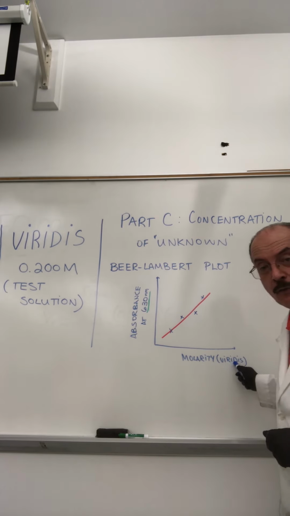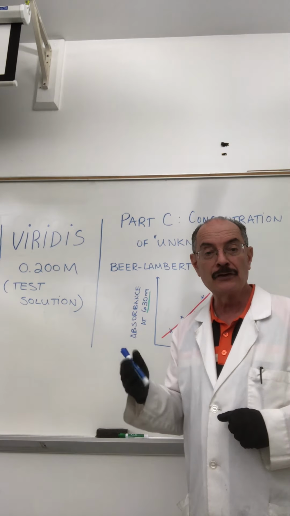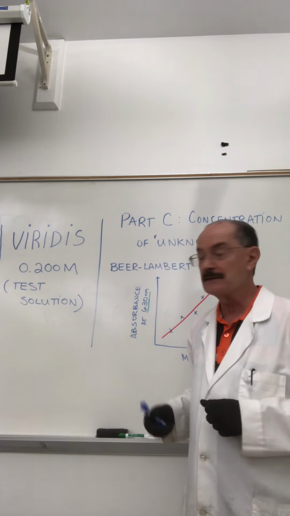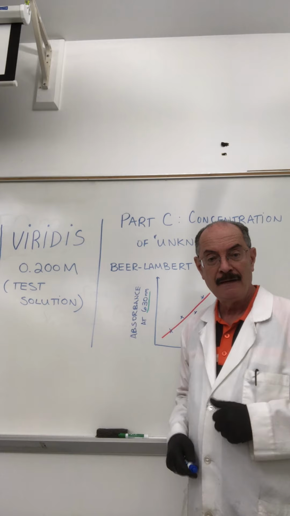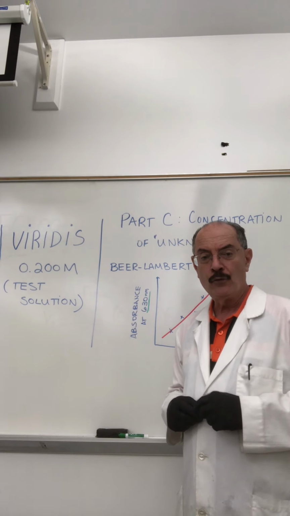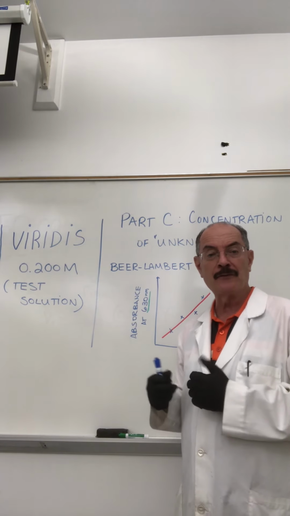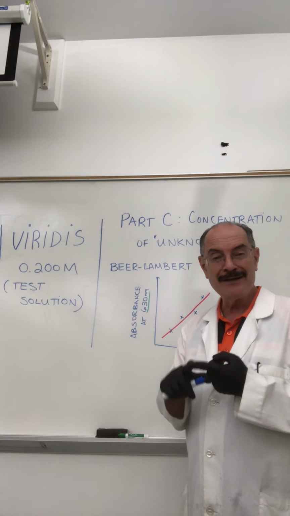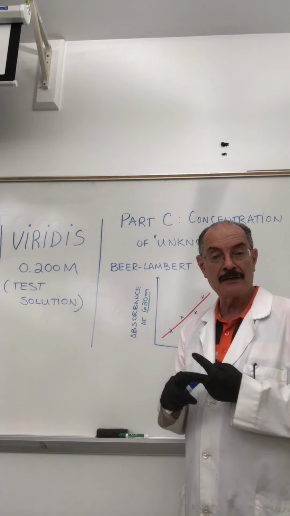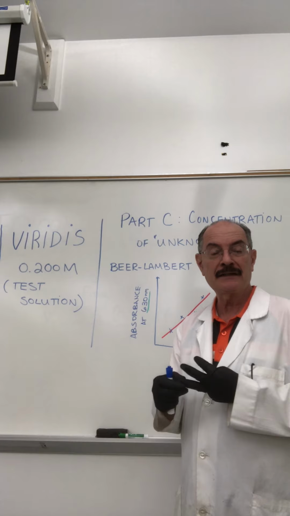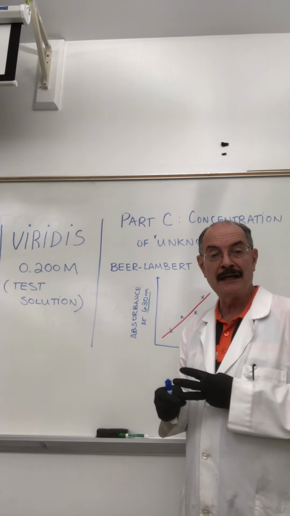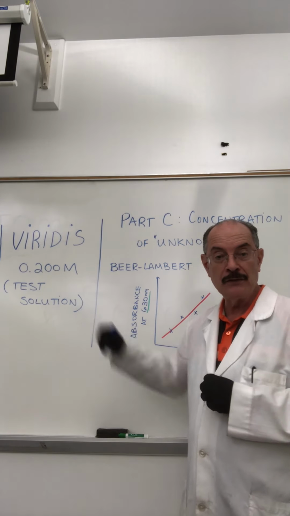In other words, we're going to have to make several solutions of different concentrations of viridis. But here's the thing. If we were to do each one of these from scratch, we would use a lot of glassware, spend a lot of time, and risk that the solutions we end up with don't match the one we used already.